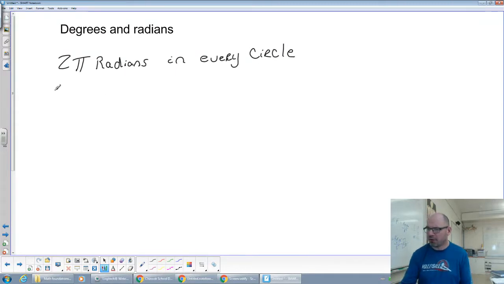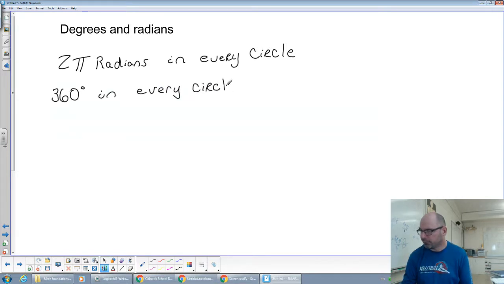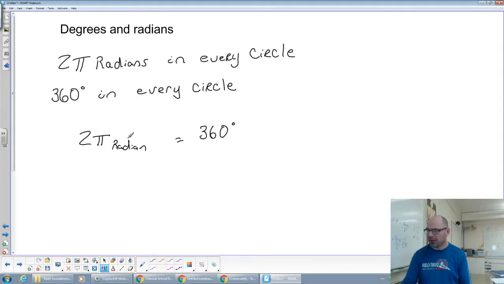We also know that there are 360 degrees in every circle. So we can equate both of these and come up with a relationship. So we know that 2 pi radians equals 360 degrees.